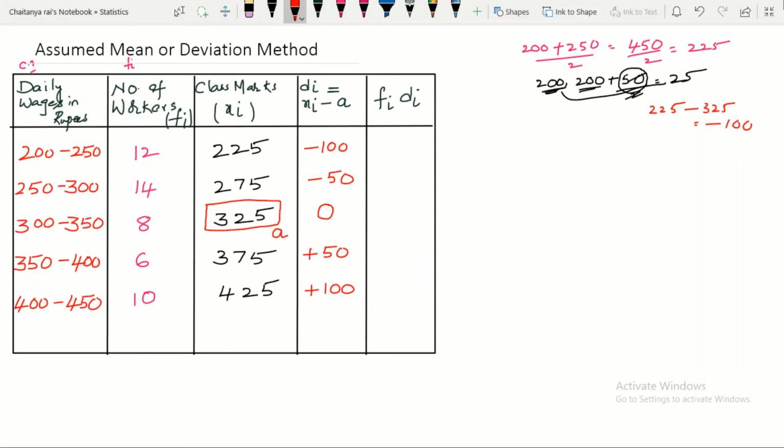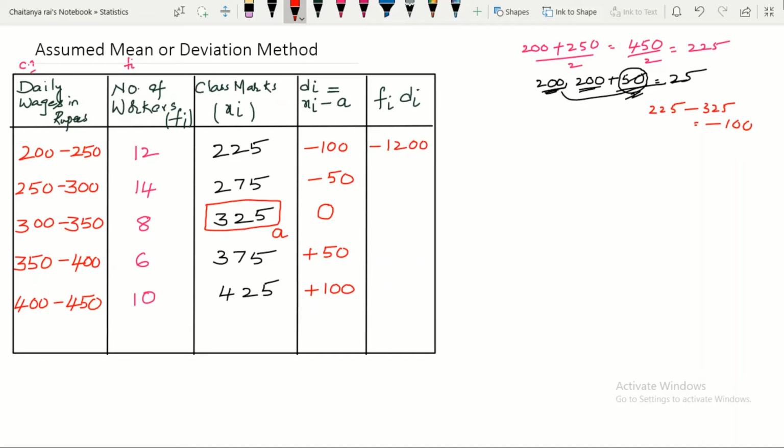After getting these deviation values, we have to multiply these di's with respect to fi's. So 12 into negative 100 is negative 1200.